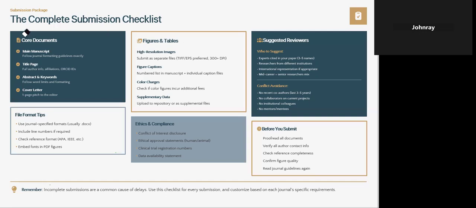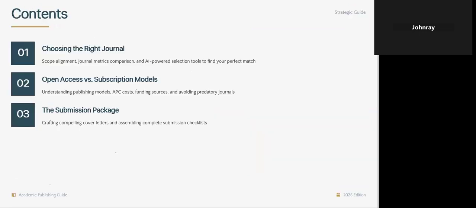So today's class, let me go over what we just looked at before we end the recording. Basically, we looked at the three things to consider before choosing our final destination for our research articles.